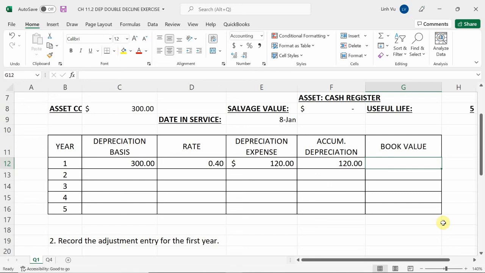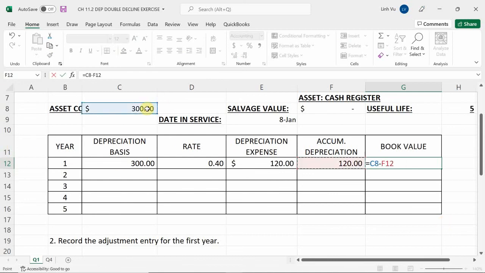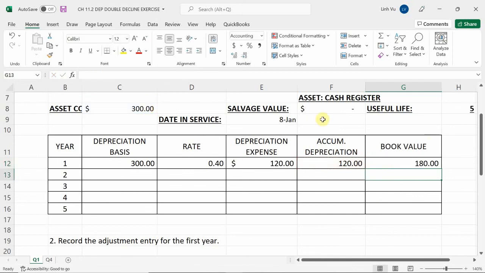Because you take your asset cost of 300 and minus your accumulated depreciation of 120. So yes, you get 180.